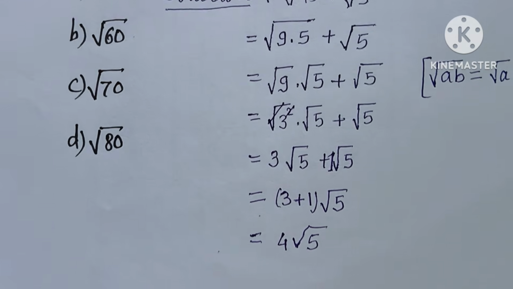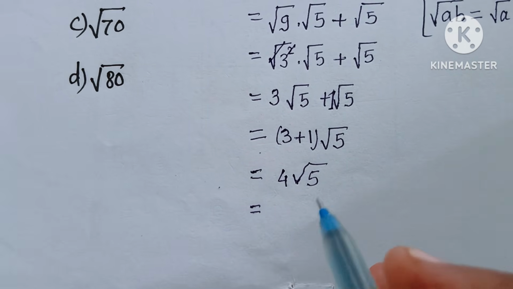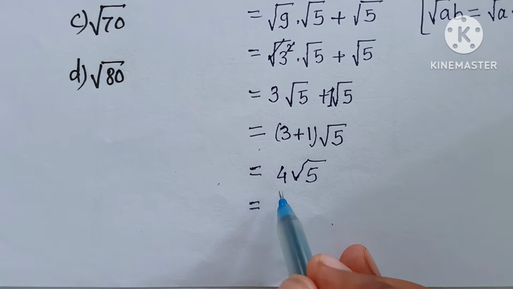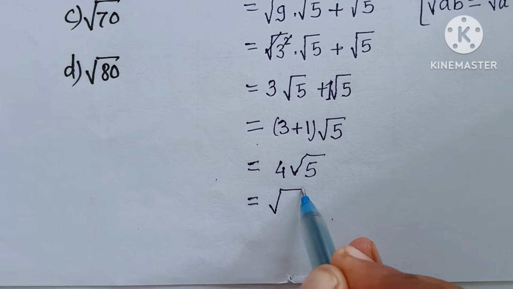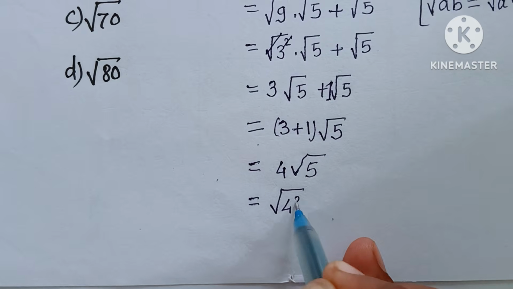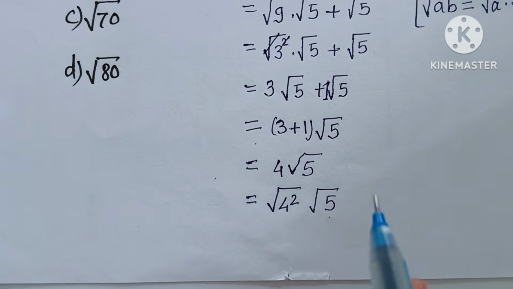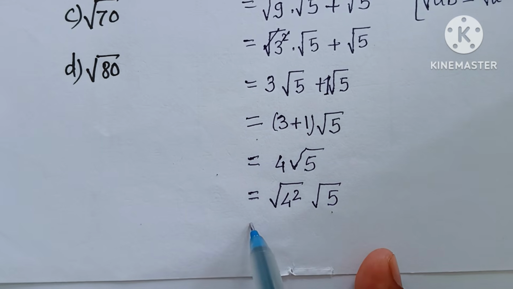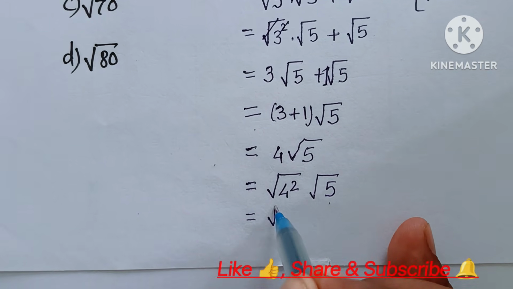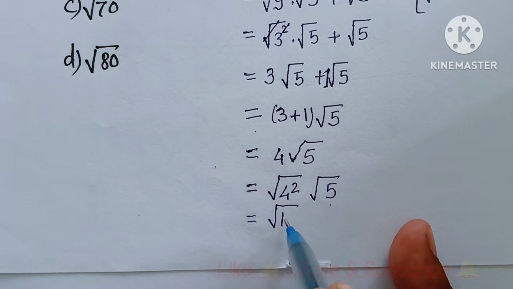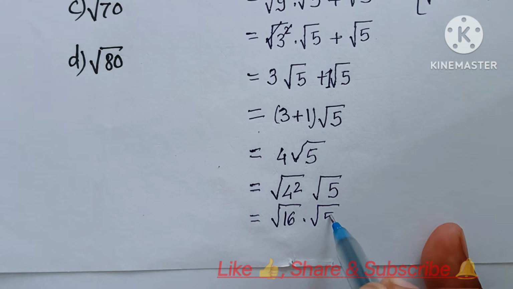We can write then 4 inside the square root, that is square of 4, and here under root 5, equal to square of 4 is 16 into under root 5.